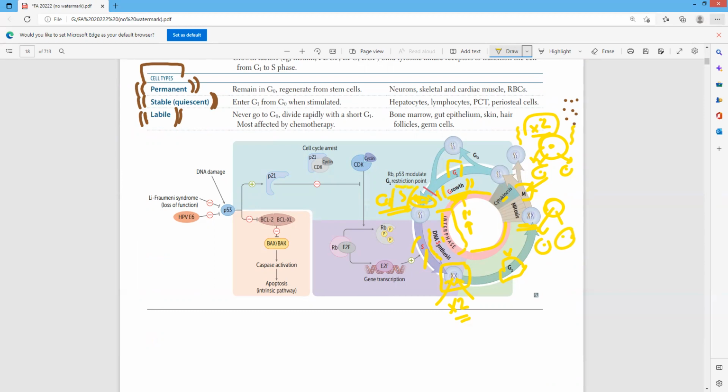You have a restriction point to restrict the cell from multiplying in a crazy way. To remember that medical term, this is a tumor: a crazy cell division like that.